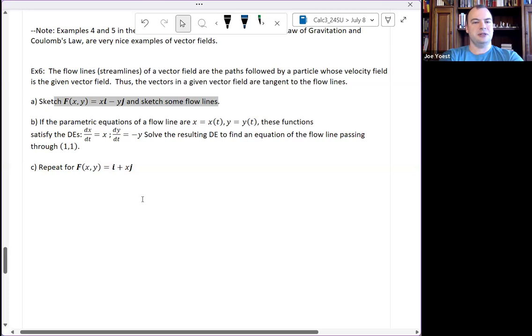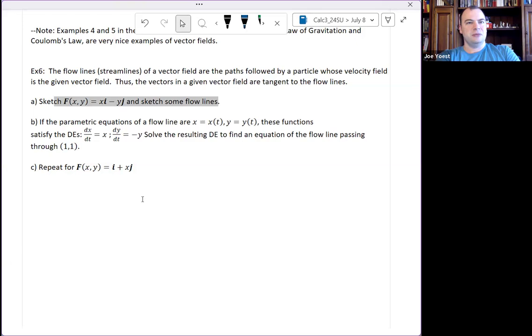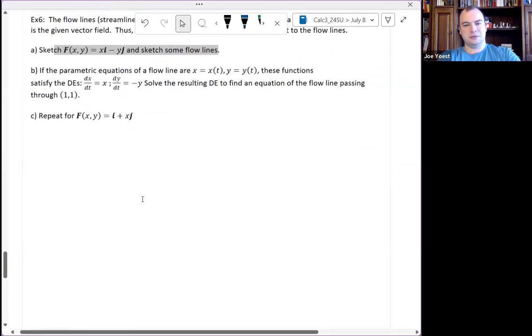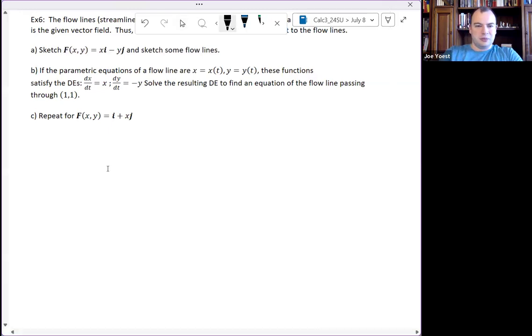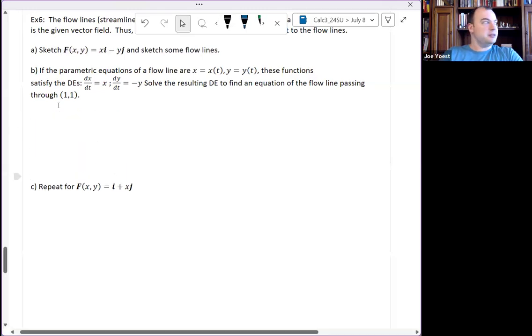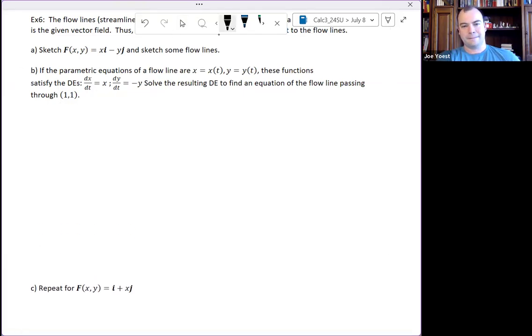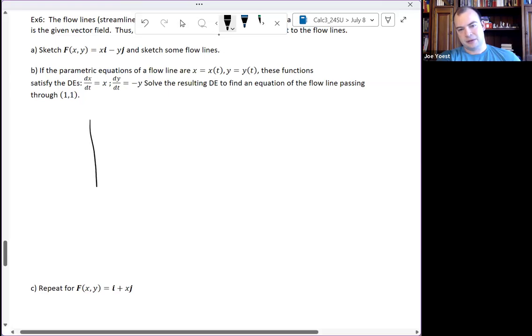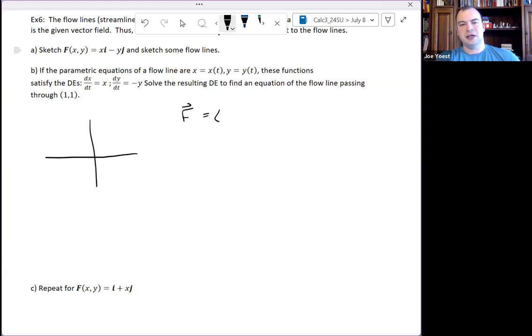So first, let's take a look at the vector field xi minus yj. And let's just get a rough sketch of this vector field, get an idea what it looks like. So maybe I'll push part C down just a little bit. Okay, so my vector function has first component x and second component negative y.